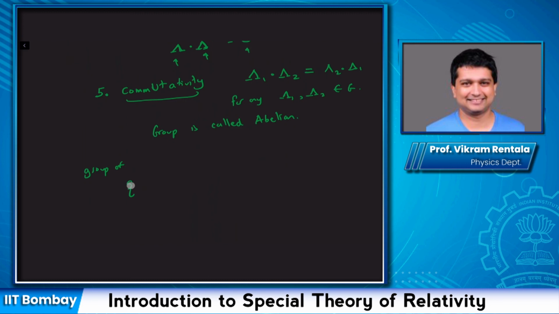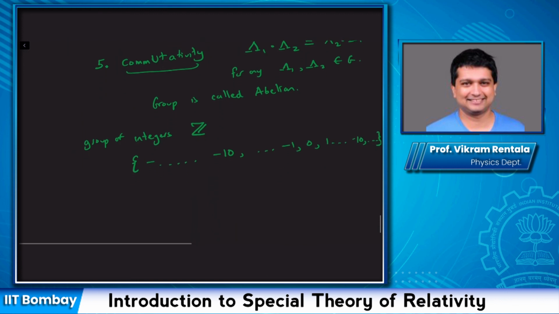Let's consider the group of integers, which we'll denote as Z. So the set is all integers, starting from arbitrarily small negative numbers, going all the way up to arbitrarily large positive numbers. And the group operation is addition.